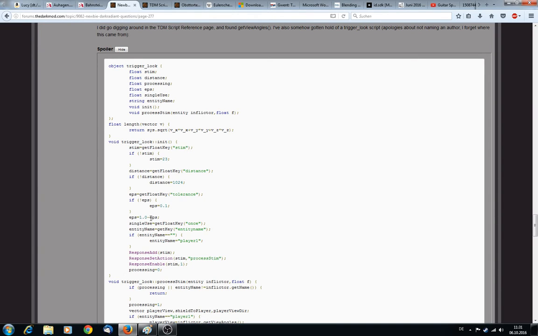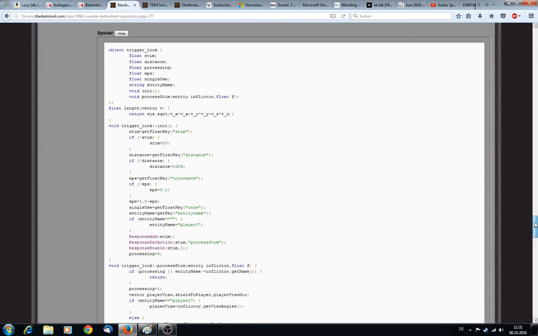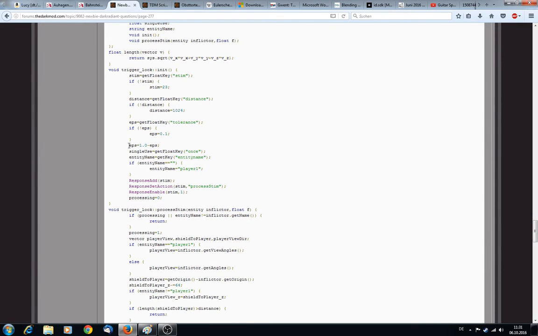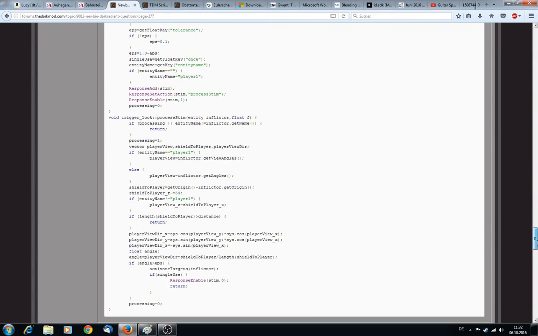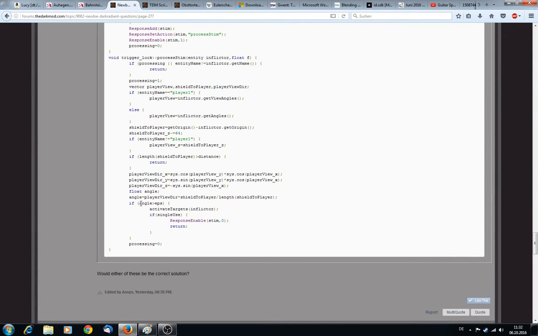So the mapper sets a small value, relatively close to 0, and then we use 1 minus this small value and get a value quite close to 1. The smaller abs is, the closer the final value will be to 1. And then we just check whether the angle we just calculated, so this cosine, is bigger than abs.